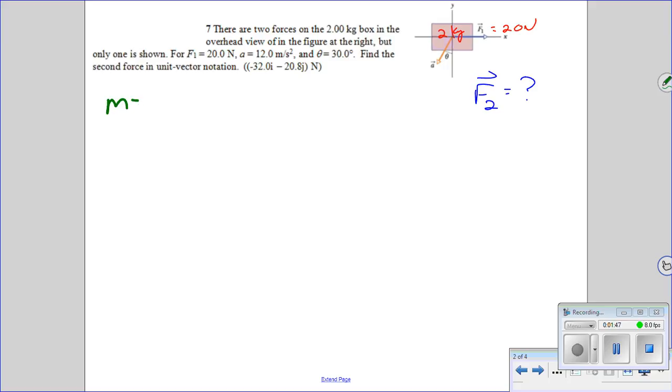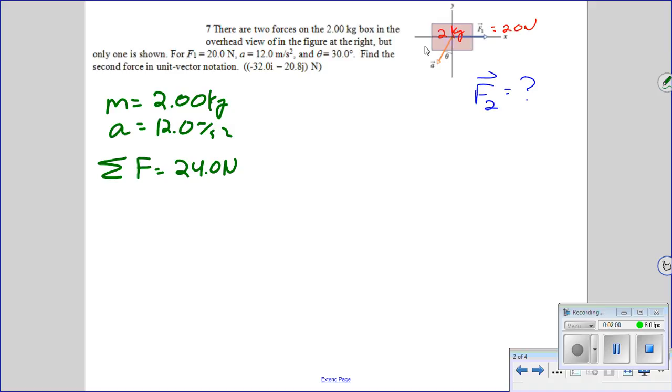We know that the mass of the box is 2.00 kilograms. We know that the acceleration of the box is 12.0 meters per second squared. That means that our net force on the box is going to be 24.0 newtons at this 30 degrees over here, right? So let's break that up into unit vector notation, okay?